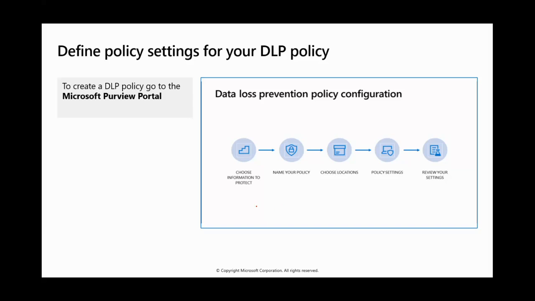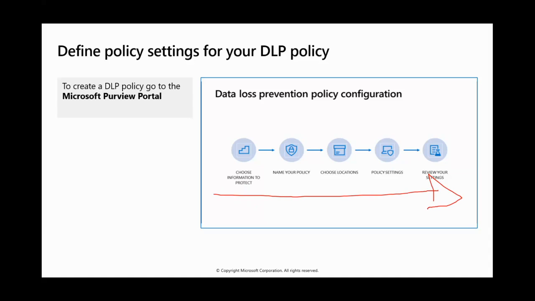At the end, we can take this review process and view the settings. So this is all the cycle that we must follow. And the last part of this is to choose the action to take when the policy conditions are met.